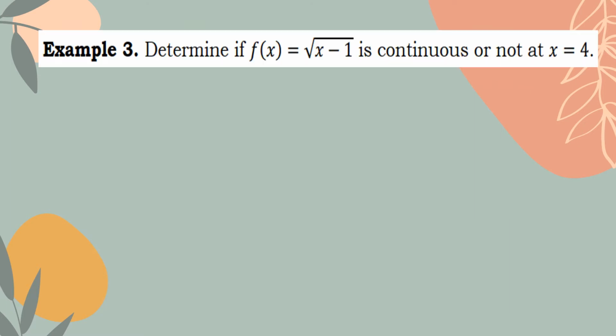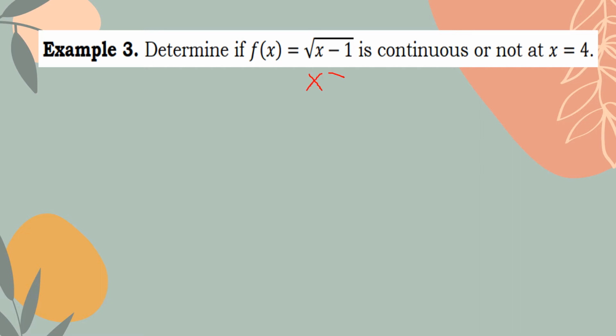Next, let's have example 3. Determine if f of x equals square root of x minus 1 is continuous or not at x equals 4. Obviously, this is a radical function. So, atong balikon, radical function gani, what is the restricted value for x? Or x should be what man? Diba?